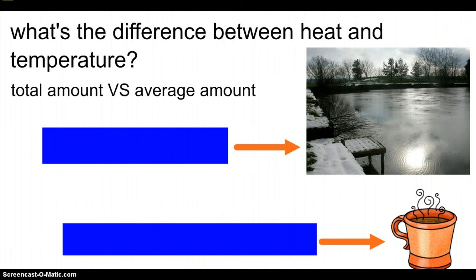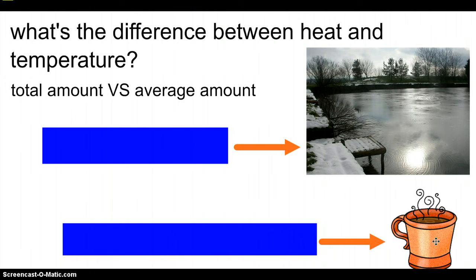What's the difference between heat and temperature? Heat is the total amount versus temperature as the average amount. So which of these circumstances has more heat energy? A cold lake on a winter day or a piping hot steaming cup of coffee?